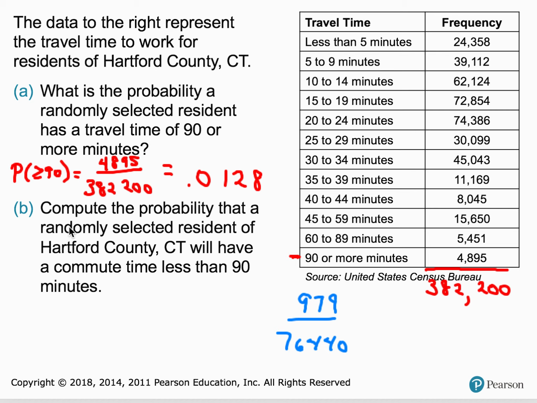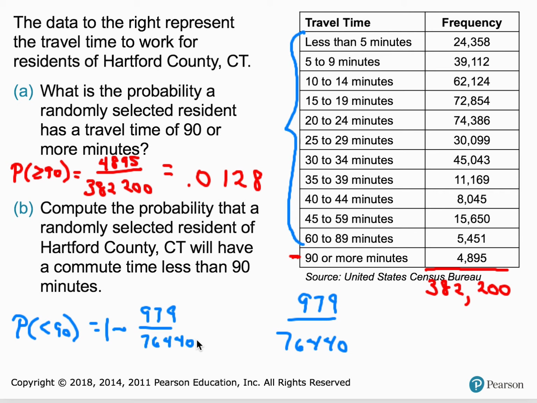Okay, now it says compute the probability that a randomly selected resident of Hartford County, Connecticut will have a commute time less than 90 minutes. In other words, that's all of these. I could add all of those up, or I could just say less than 90 is 1, everything, 100%, minus 979 over 76,440.